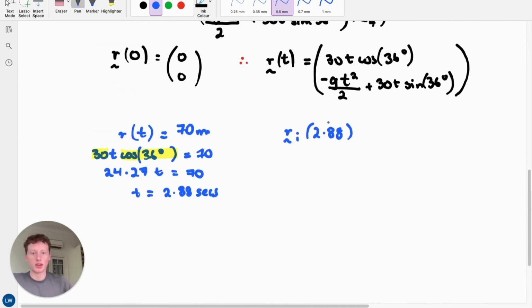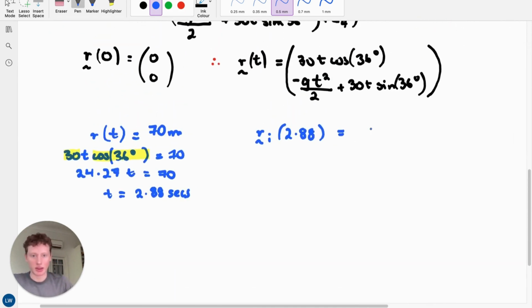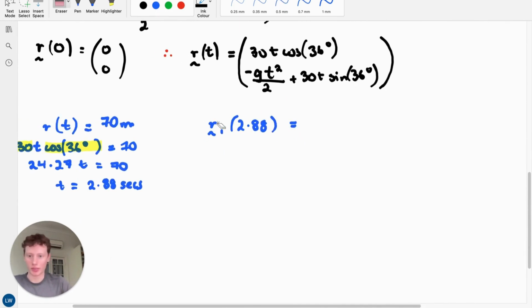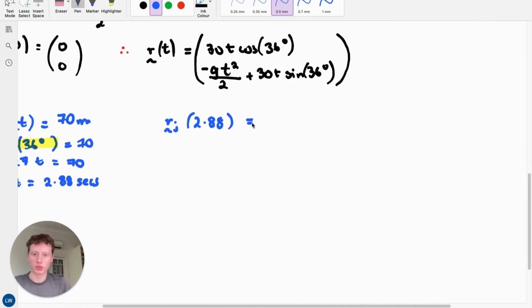Okay, so we're substituting 2.88, sorry, not into our i component, into our j component. So looking at this second one now, I'm going to simplify this out.